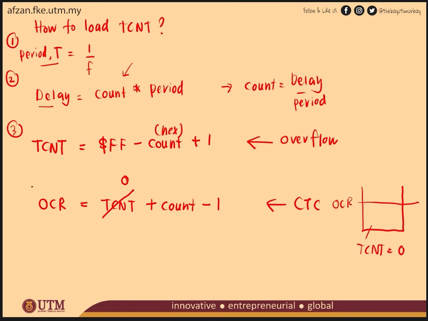So this one we're going to find what is the water level that we're going to set, by putting the TCNT 0, which means we empty the bottle first, plus count, how many counts to generate a certain delay, minus 1. Okay, so these are the formulas that you're going to memorize.